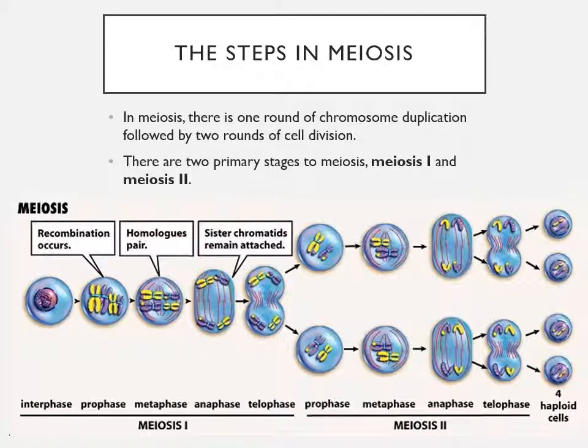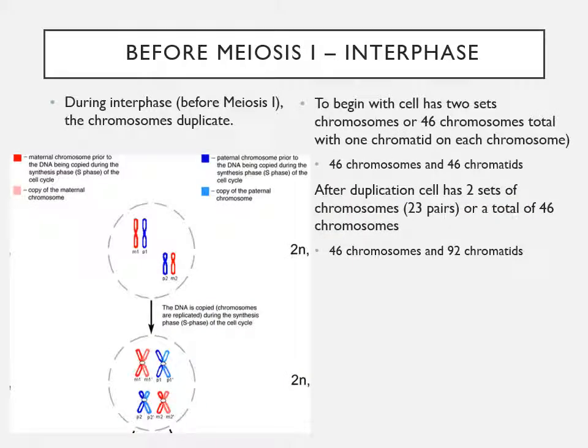Now, if you remember, mitosis went through one division, you ended up with 2 cells in the end. Meiosis goes through meiosis 1 and meiosis 2, and you're going to end up in the end with 4 cells, either 4 egg cells or 4 sperm cells. And now we will go through each of these steps down here and go over what's happening in those steps.